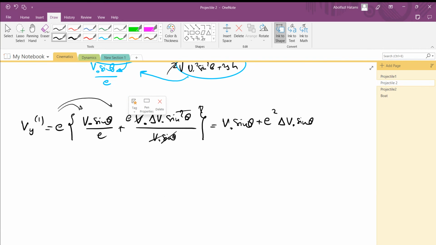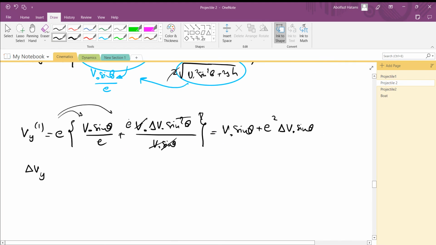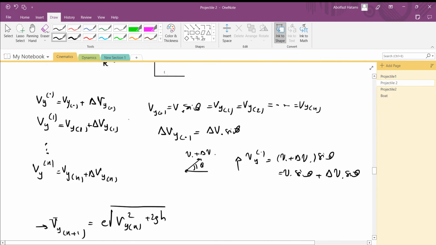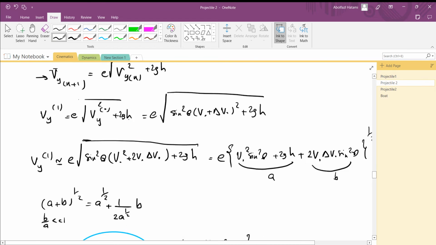So we understood that delta vy1 is just e square delta v0 sine of theta. It means that we found how much our vertical component of velocity is going to change after the first collision, when we changed our first velocity and increased it to v0 plus delta v0.